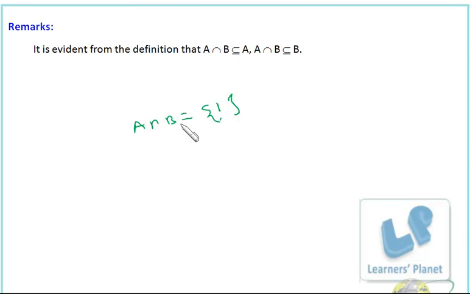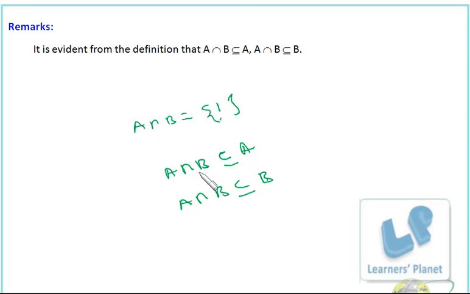So A intersection B will obviously be a subset of A, and A intersection B will be a subset of B also. It may or may not be a proper subset, but definitely a subset. Because 1 is there in A and 1 is there in B, A intersection B is 1.